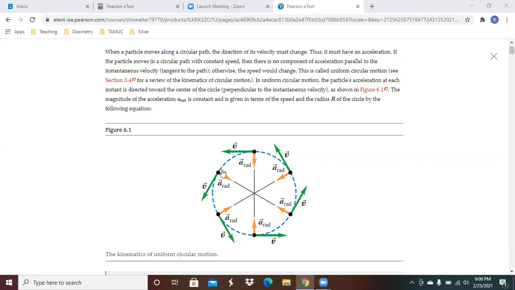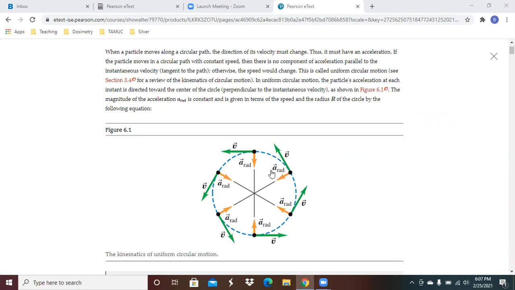And the way it changes is such that the acceleration of this particle, if you look at the vector notation of it, is going to be pointing in towards this part of the circle. And if you look at that going all the way around the circle at all different points, what you find is that the acceleration at all of these points ends up pointing to a specific center of the circle.